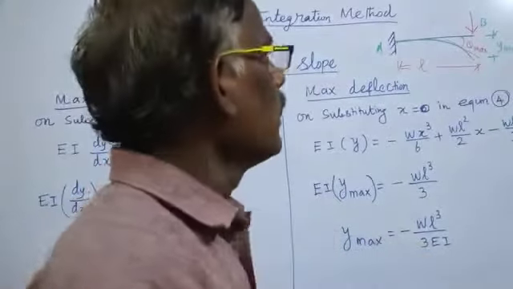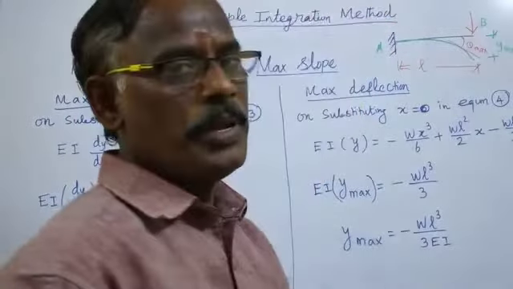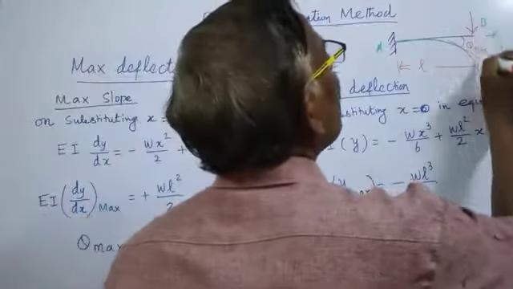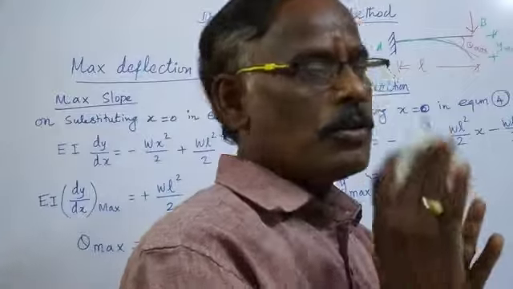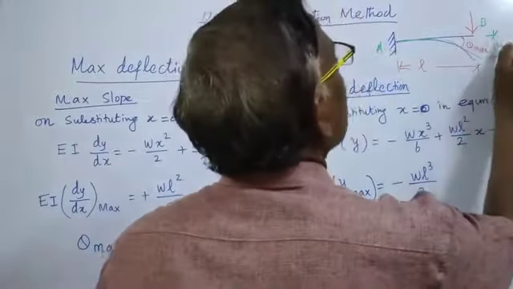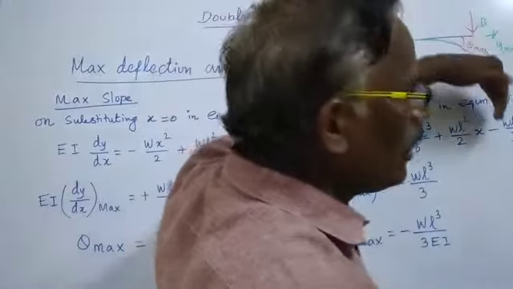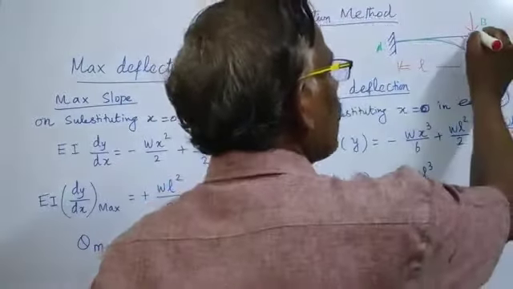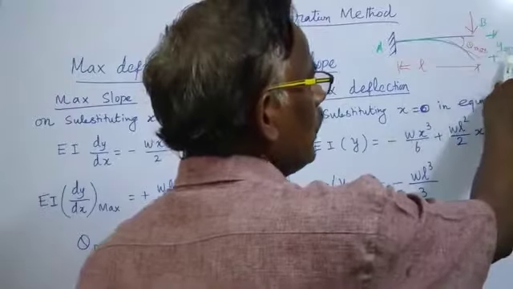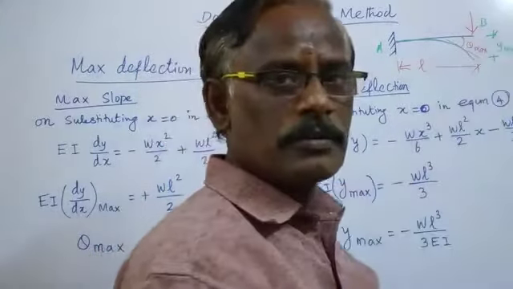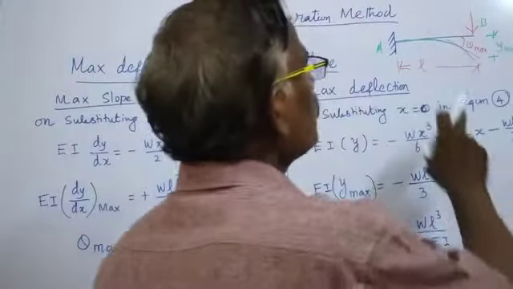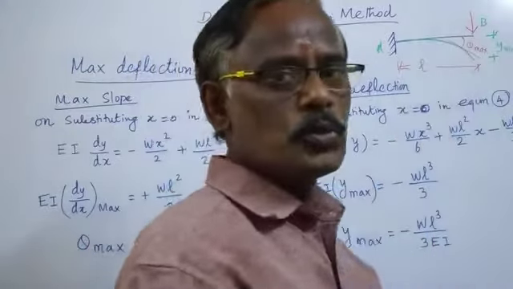Already we discussed this. But at the free end B, it will have maximum deflection, that is y max. Because of this downward load, the beam will bend more at the free end, so you will get maximum deflection. At the same place, you will get maximum slope.